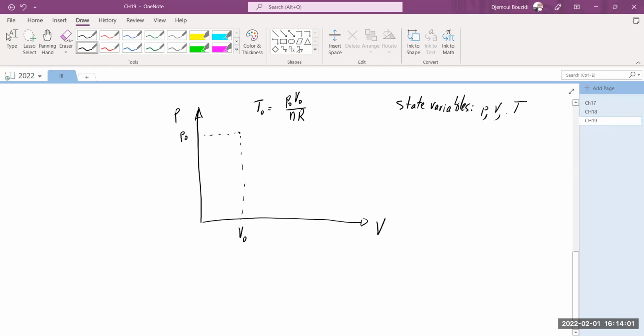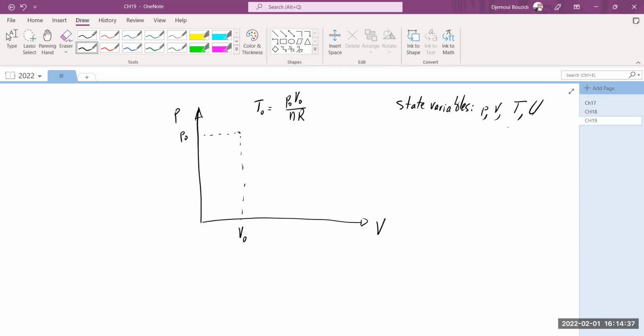Furthermore, the energy also is a state variable. Because of how the temperature and the energy are related, and if I assume that there is no potential energy because this is an ideal gas, all the molecules are non-interacting, so the only energy I can account for is the kinetic energy, then in this case the energy is a state variable. Even if the particles are interacting, I know their distances from their positions, so I can calculate the potential energy.